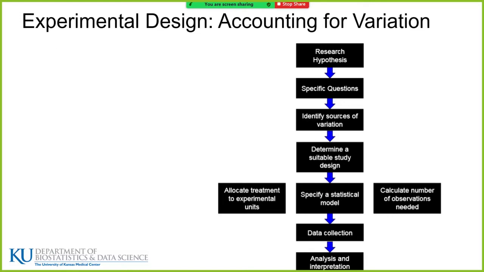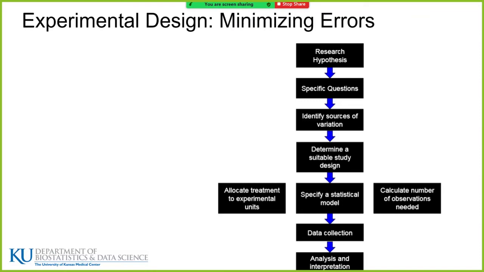In other words, that could impact our assessment of the relationship between the intervention and the outcome for patients. So through this process, we're just attempting to account for all those extraneous sources of variation, and in doing so, trying to minimize errors.